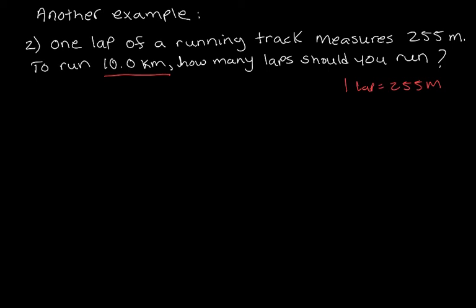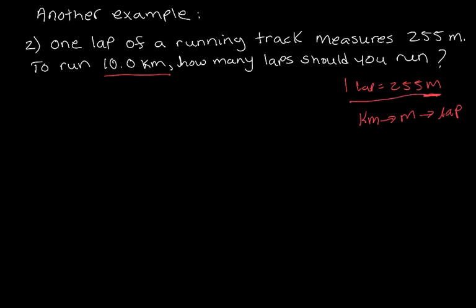That's our conversion factor. Okay? So the problem is that we want to run 10 kilometers, but our conversion factor is given in meters. So it seems first we have to go from kilometers to meters, and then we can go from meters to laps using this conversion factor.